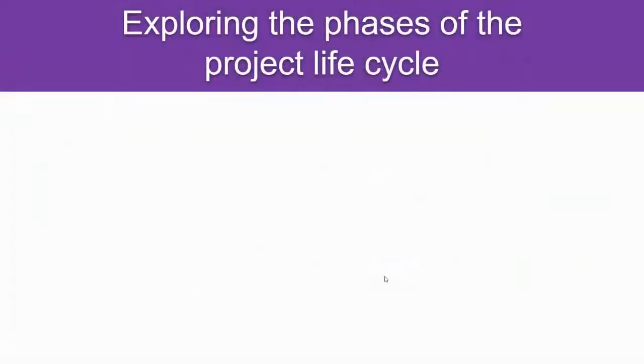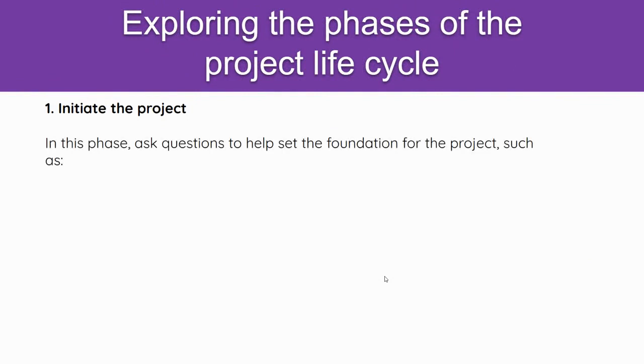Let's explore the phases of the project life cycle. First, initiating a project. In this phase, we ask key questions to understand the foundation of the project. This is the beginning where we start everything and we put all the pieces of information together to start our project plan. Before we can make a project plan, we have to set the foundation for the project.